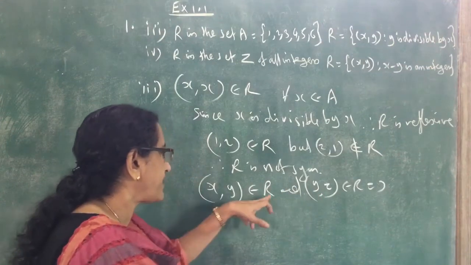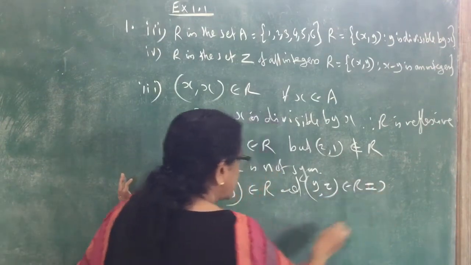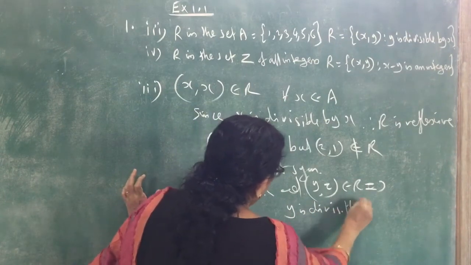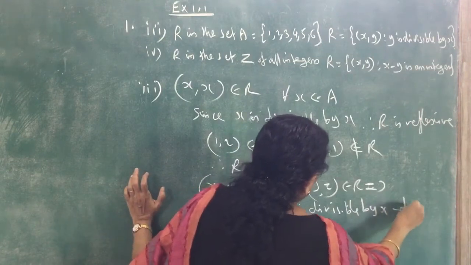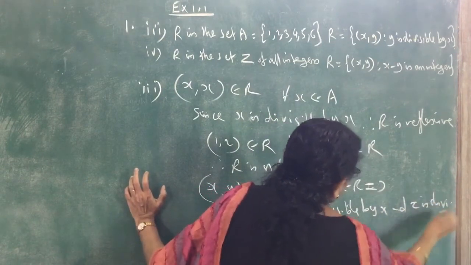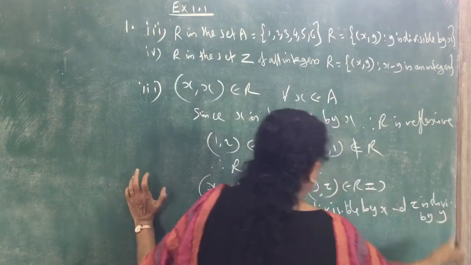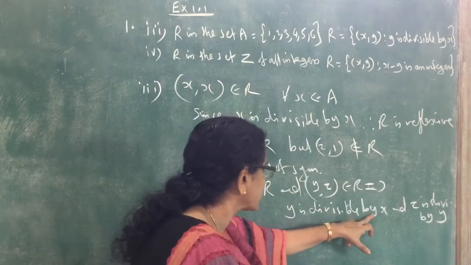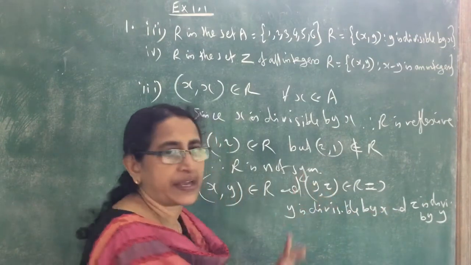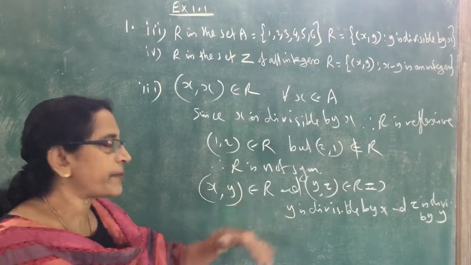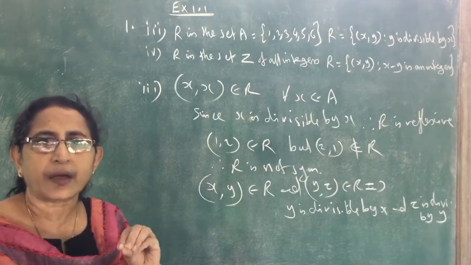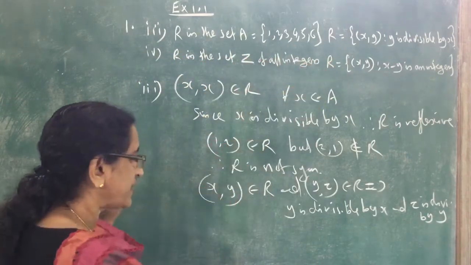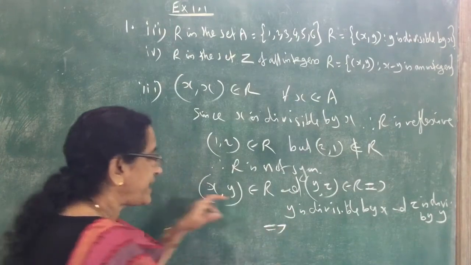Now what does divisible mean? y is divisible by x means y equals some natural number times x. All the elements here are natural numbers: 1, 2, 3, 4, 5, 6.